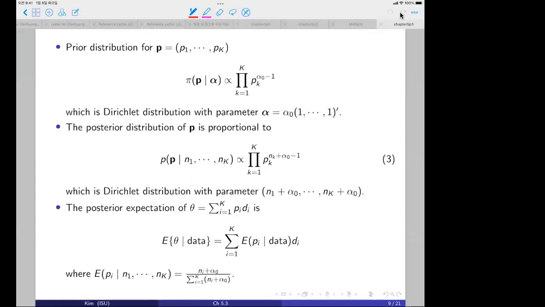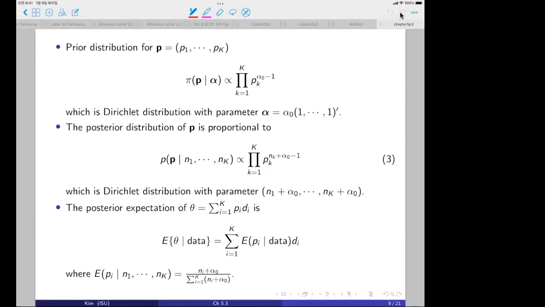And so his idea is to use Bayesian. So the idea is to use a prior. So this is a prior distribution. And then the posterior with this multinomial will be Dirichlet. And so the posterior expectation will be the mean of the Dirichlet.